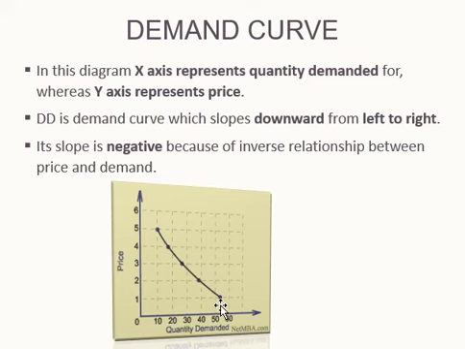Now from this diagram, we can very well understand that at a higher price, the least of the commodity is demanded, and when the price is reducing, the quantity demanded goes on increasing, which in other words means that there is an inverse relationship between price and quantity demanded.